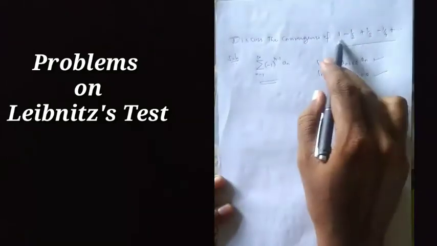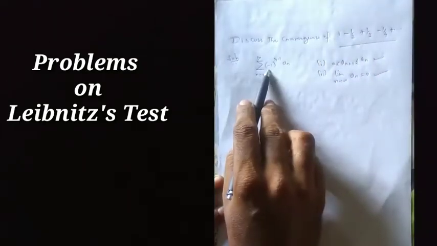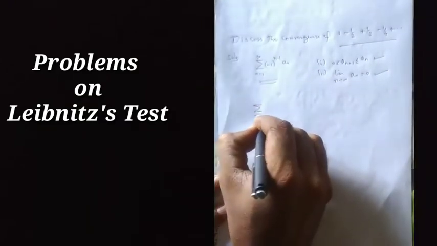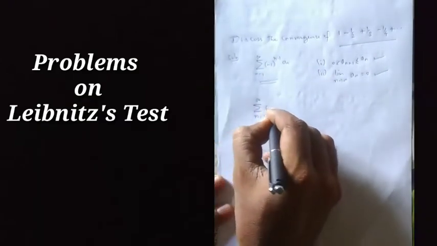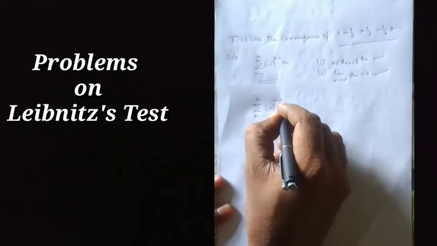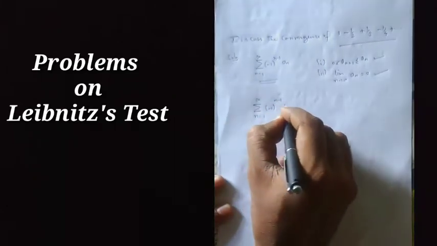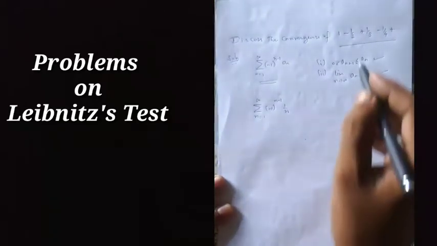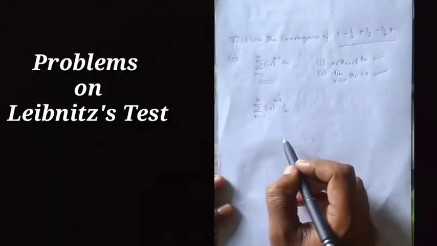Now if I write this in this form, the series will be summation n from 1 to infinity of minus 1 to the power of n minus 1 times 1 by n. As n runs from 1 to infinity, you can get the same series.